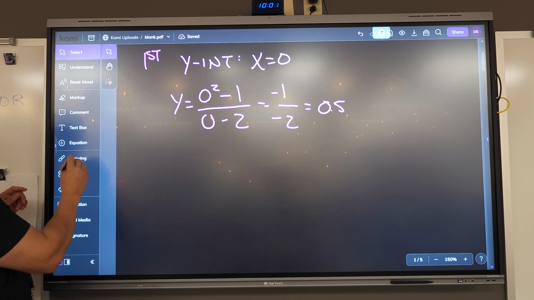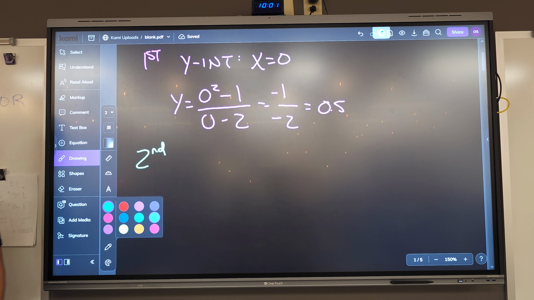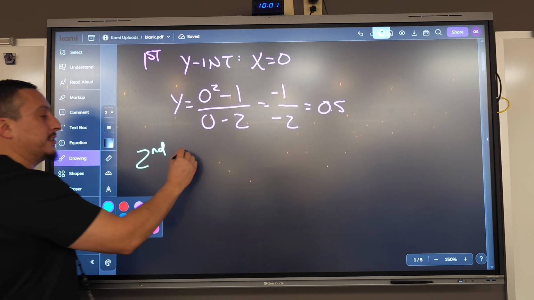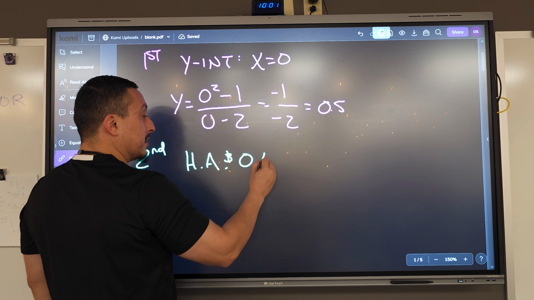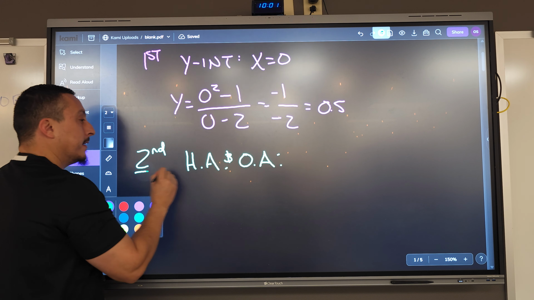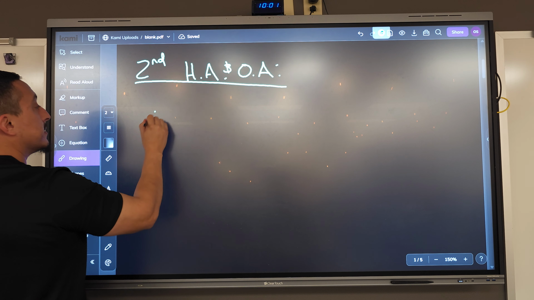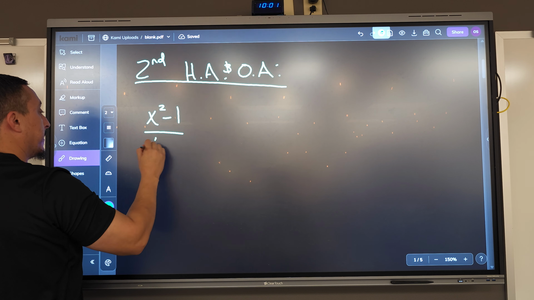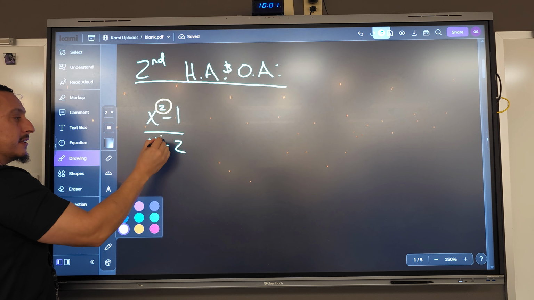Okay, and then number 2. After you do that, what I suggest you do next is your HA and OA, which is what you were doing yesterday. I'm going to keep writing it over because you can't see it. So this is a 2 and that's a 1.